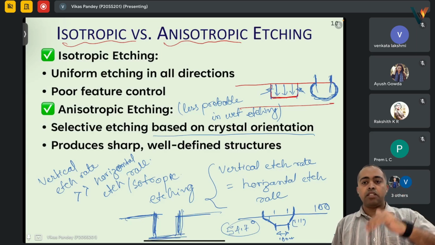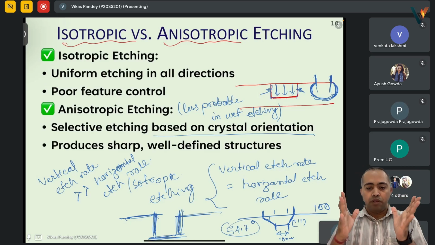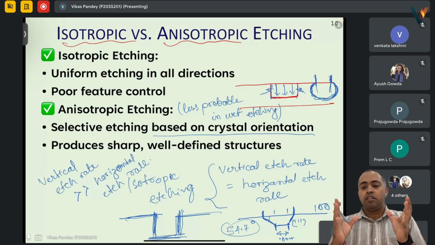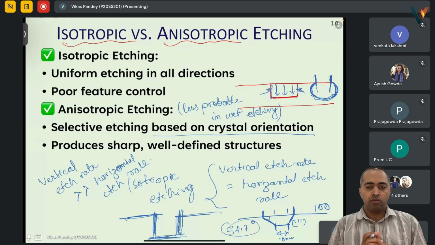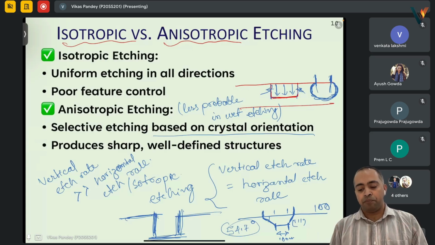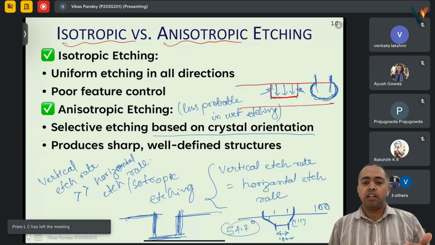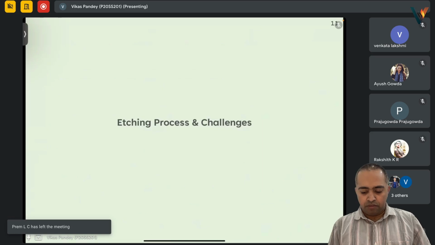It will etch out these areas, but when it reaches the specific doped area where it is not able to etch, it will stop there. These are called etch stop layers. We will see this.